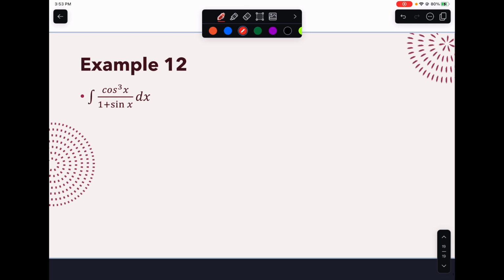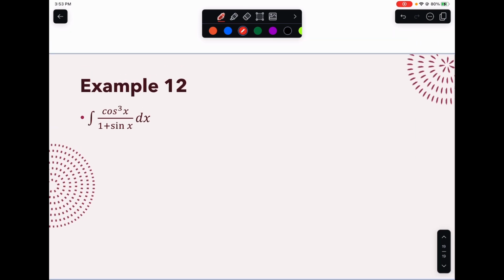And lastly, we have cosine cube all over 1 plus sine x. We don't have a direct integral for this one, so we need to transform it by using some identities.